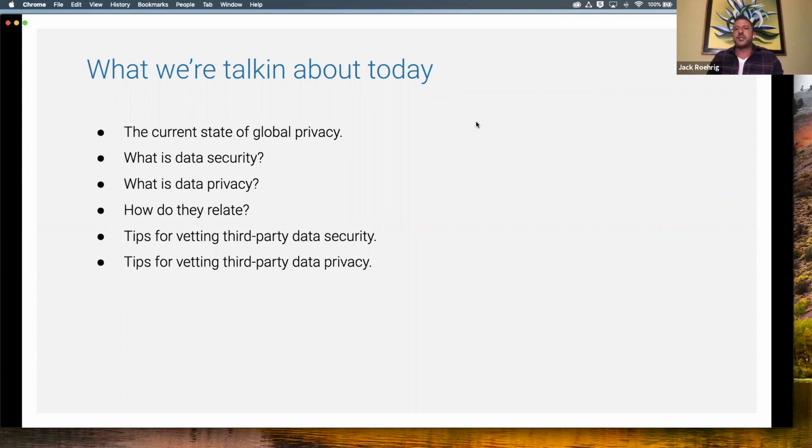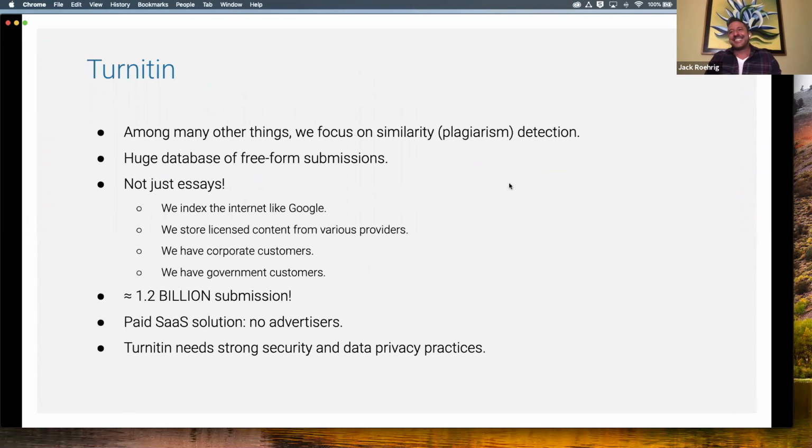I want to emphasize that though I am the CISO here at Turnitin, my expertise is beyond just security. It also includes privacy. And I'm very passionate about privacy, especially because I work for a company that handles incredibly sensitive data for quite a lot of people. So I'll show you what I've had to deal with.